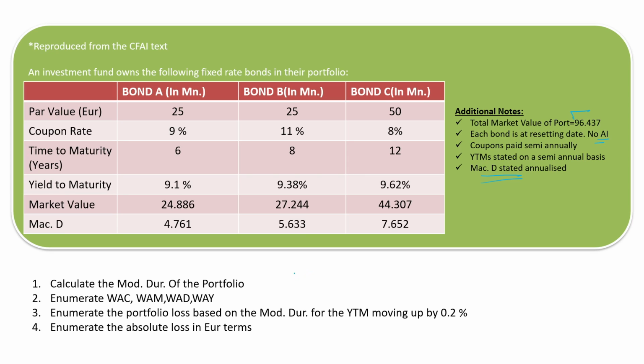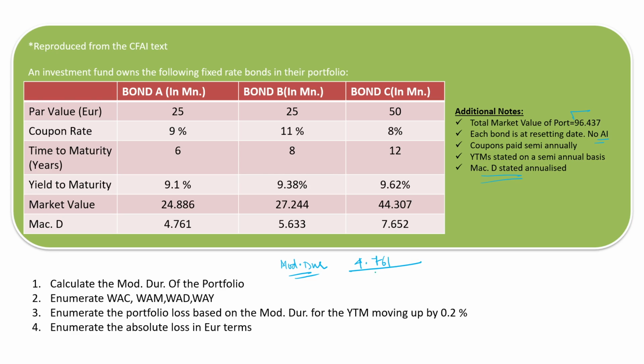First, we address the first question, that is calculating the modified duration of the portfolio. We have been provided with the Macaulay duration, so from the Macaulay duration of each bond, we can find the modified durations. How do we find it? Again, application of the simple formula: modified duration is equal to Macaulay duration divided by 1 plus periodic yield. For bond A the Macaulay duration is given at 4.761.